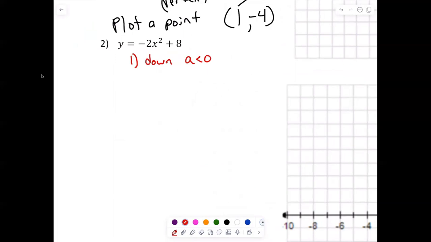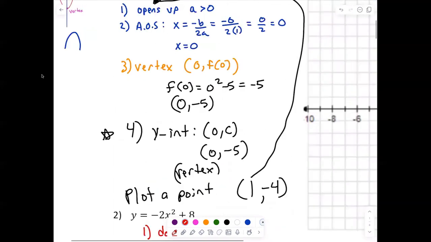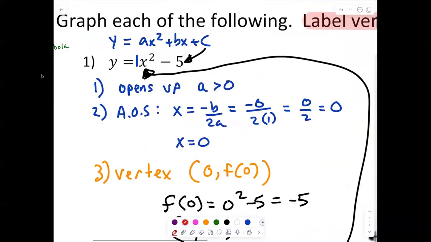Now look, some of you keep asking me where these letters are coming from. They're coming from this right here, ax squared plus bx plus c. If you don't know, that's the general form. Those are the letters a, b, and c. That's where I'm getting a, b, and c from.